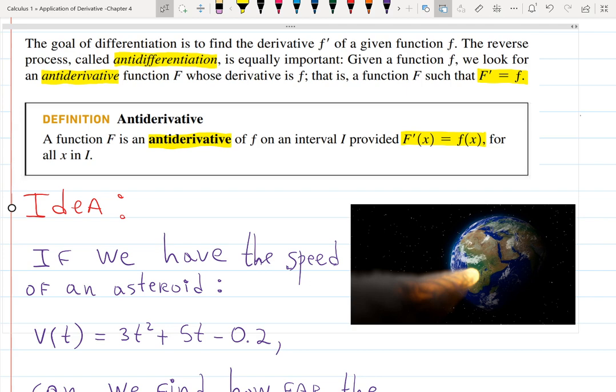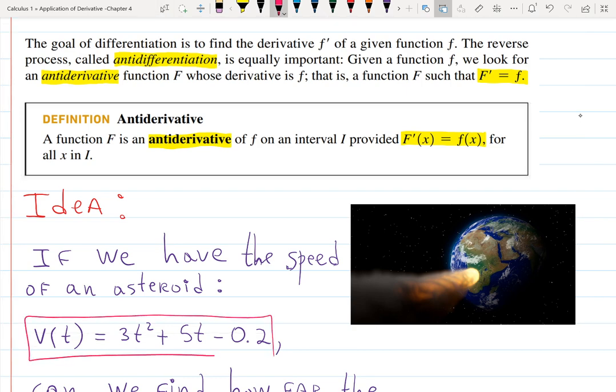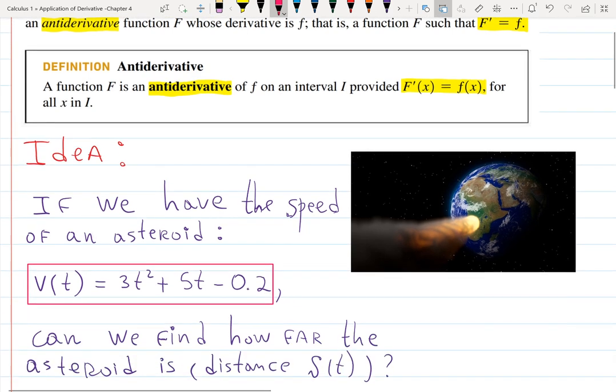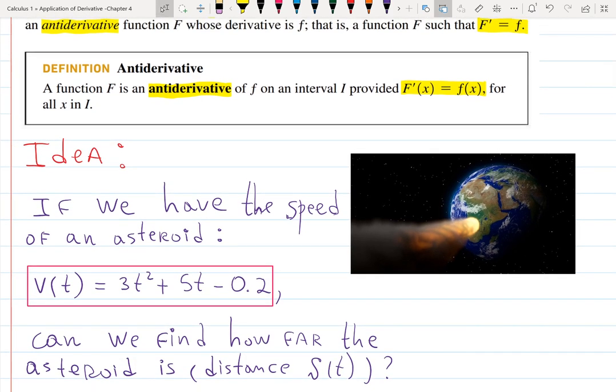So the speed was recorded using a speedometer on that device, and we know the speed of the asteroid. And say this is the speed or velocity, v of t, of the asteroid approaching the Earth: 3t squared plus 5t minus 0.2. Now, knowing this information, can we find out how far the asteroid is away from the Earth?